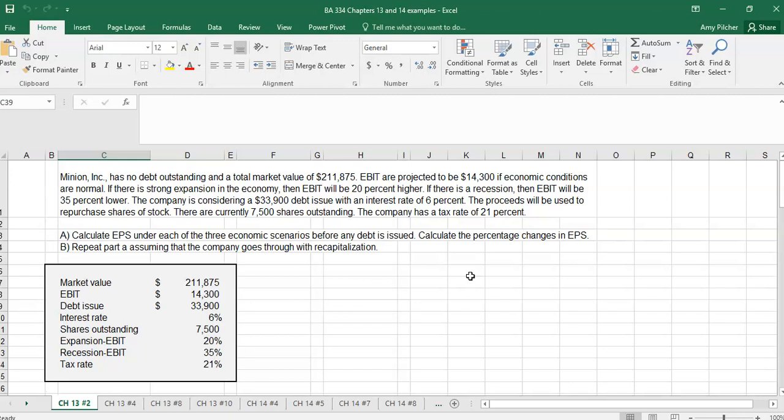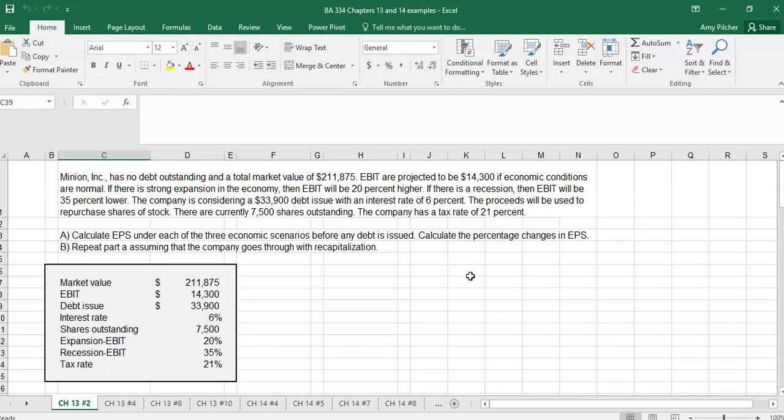And they're considering taking on some debt to repurchase shares of stock. So then they won't be 100% equity, they'll have debt and equity, and they want to know what the earnings per share changes would be if they take on debt.